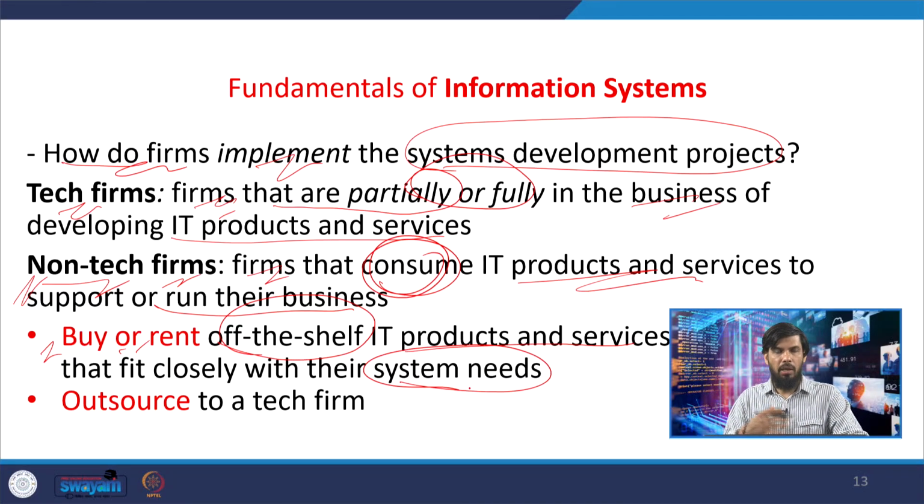So, they can just buy that off the shelf, and it could be used readily or immediately, though maybe some adoption time would be there. So, buy or rent is one option for non-tech firms. Then similarly, outsource: if nothing available off the shelf is matching, they might have to get their information system developed from scratch, but they are non-tech firms.